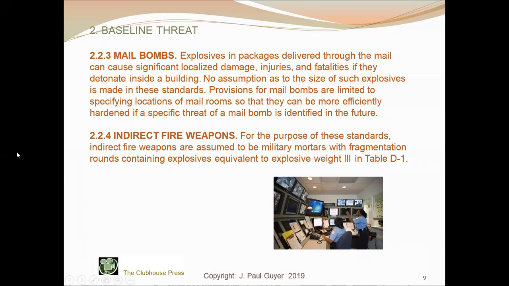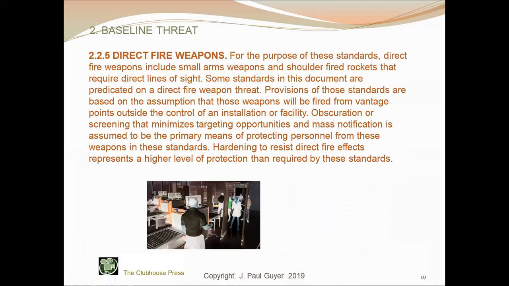Direct fire weapons, these are small arms weapons, shoulder-fired rockets that require direct lines of sight. And some standards in this discussion are predicated on a direct fire weapon threat.